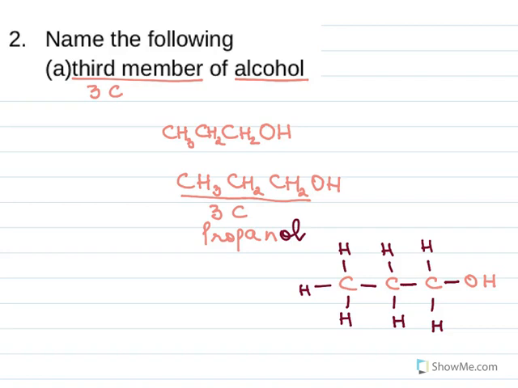That is why the first is CH3 while the others are CH2, CH2. So the third carbon alcohol is propanol, the "ol" because it is alcohol. Propane, 3 carbon. 3 carbon means third member.